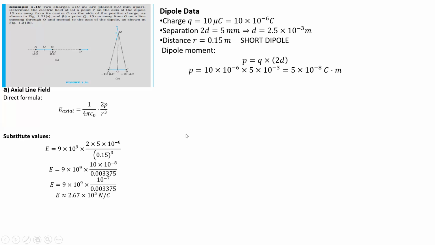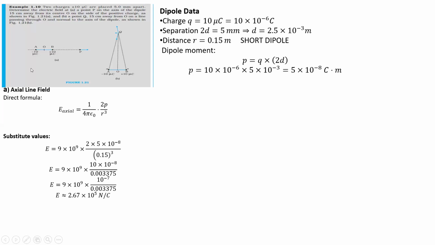Okay. Then, point P comes along the axis, right? O to P separation is given. Along the axial line, in the case of a short dipole, electric field is 1 by 4 pi epsilon naught into 2p by r cube. 1 by 4 pi epsilon naught value is 9 into 10 to the power 9. 2 into dipole moment, which we have found here, 5 into 10 to the power minus 8, divided by r cube. r means OP value.